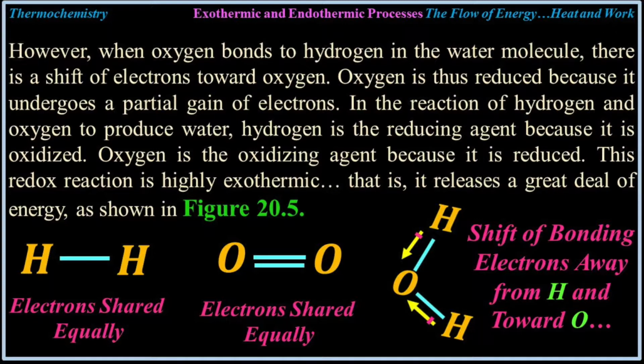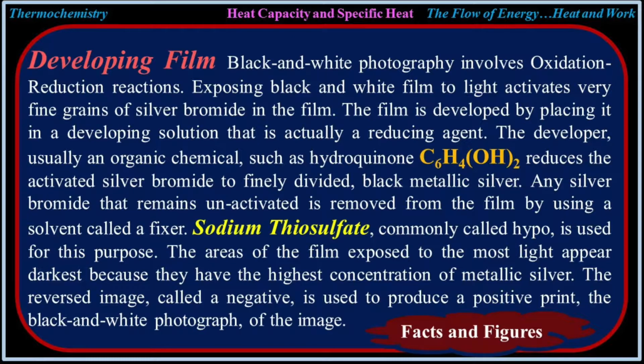Here we have hydrogen and oxygen, and the bonded electrons are shifted towards the more electronegative atoms, such as oxygen. This shift is called a dipole moment. The arrow represents the direction of the shift, and it represents that a dipole moment exists.